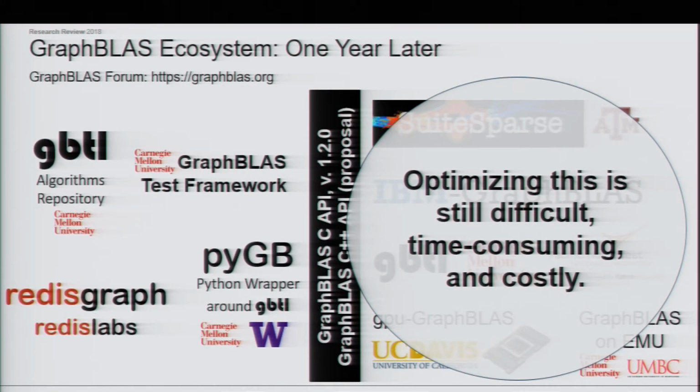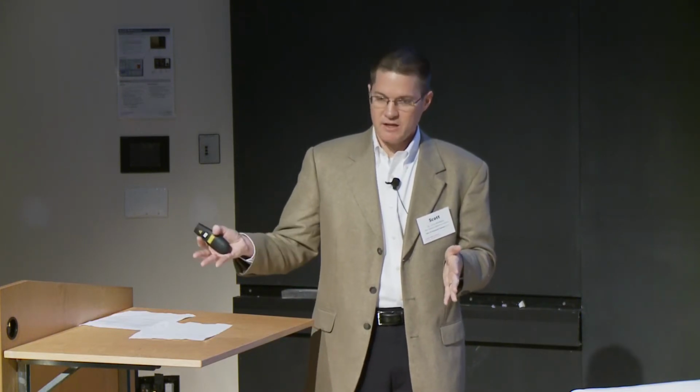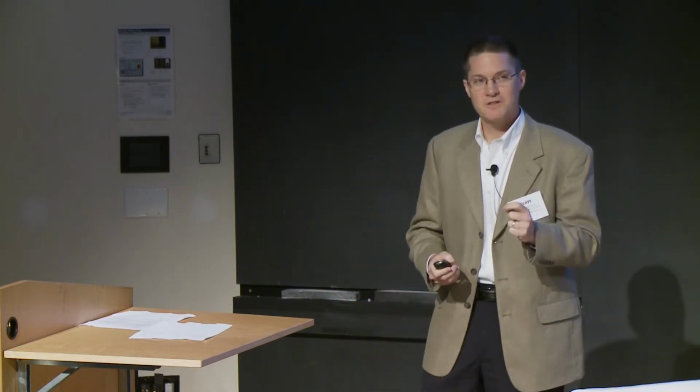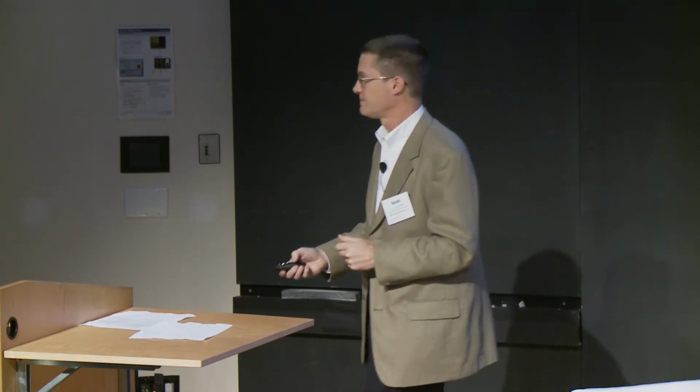So what we're trying to get to is a tool that can understand the GraphBLAS API, that can understand the hardware, and map the primitives to any hardware architecture. And we're leveraging a tool out of CMU called Spiral, and I'm going to turn it over to Professor Franz Franchetti from the EC department, who's going to talk to you about the efforts on this area.